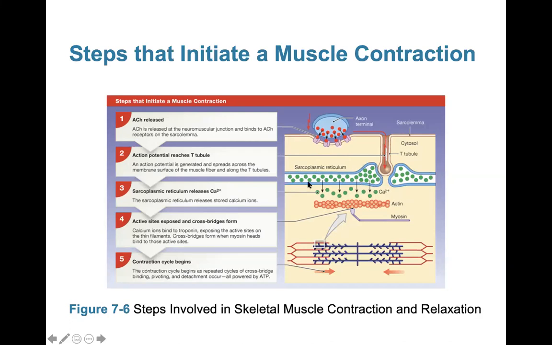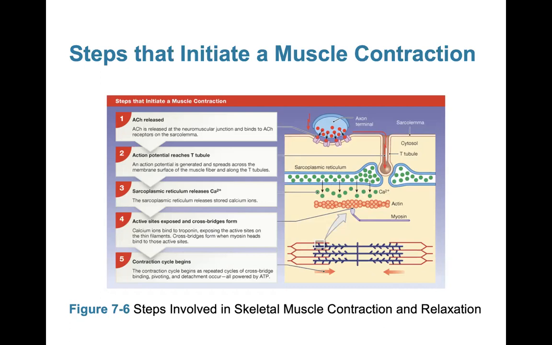Now, the sarcoplasmic reticulum is a smooth ER of skeletal muscles. And this particular smooth ER is going to store calcium. And when the action potential traveling down the T-tubule activates the sarcoplasmic reticulum, what happens is the calcium will then get released. The calcium will then bind to active sites on troponin.